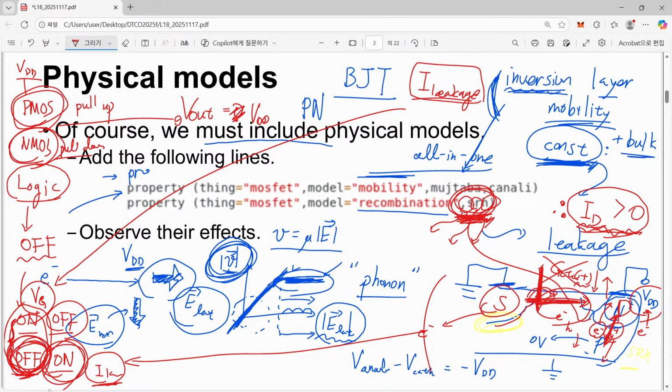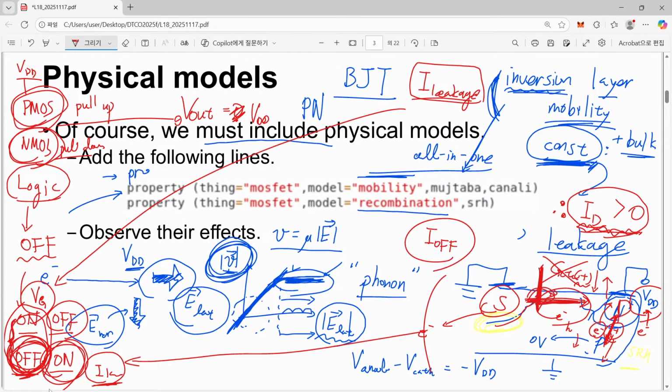So simply speaking, in practice, if you join any kind of serious semiconductor company as a device engineer, what you have to care about is not only this on current, but this leakage current, or sometimes called off current.